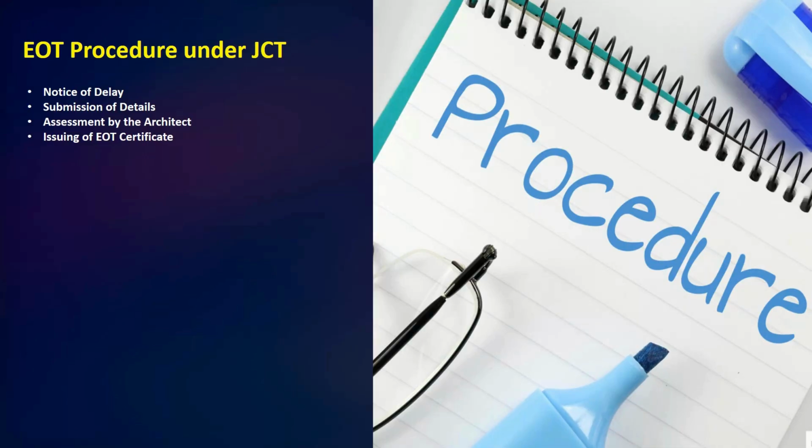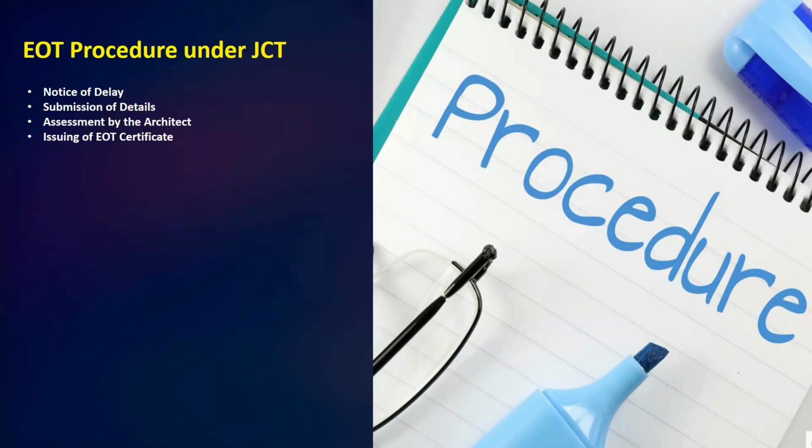The architect or contract administrator reviews the claim, checks its validity, and decides how much time should be granted. Lastly, issuing of EOT certificates. Once approved, an official extension of time is issued, updating the project's completion date. This process helps to keep everything transparent and fair for both sides.